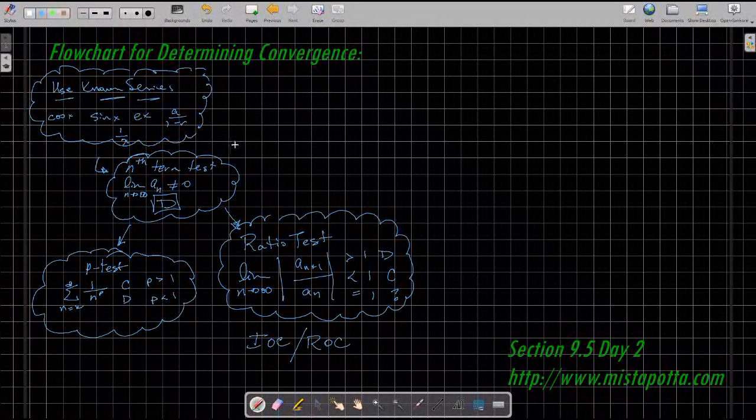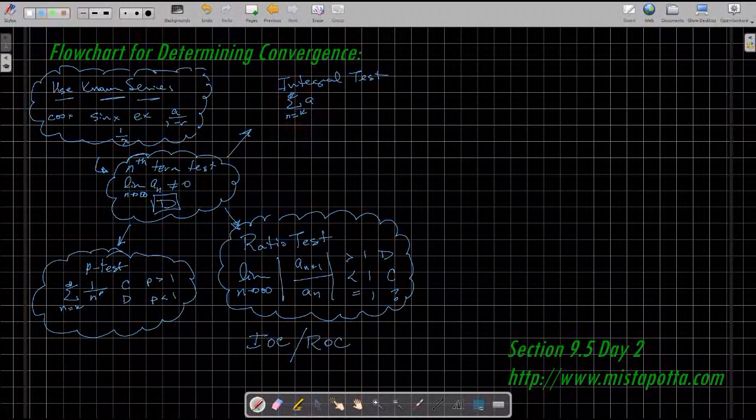But we had other tests that we had to deal with. We had the integral test. The idea that we could take our series and really act as if it were a Riemann sum.